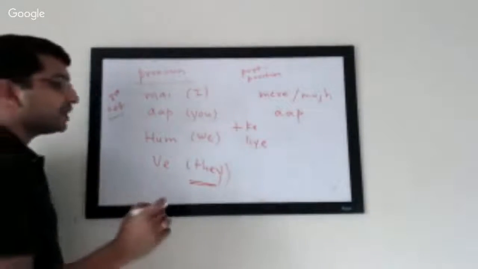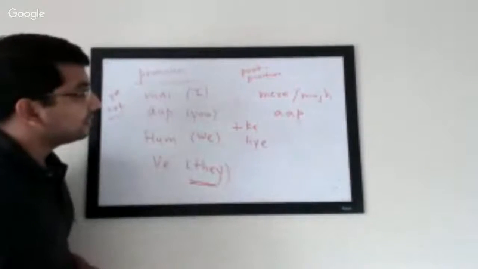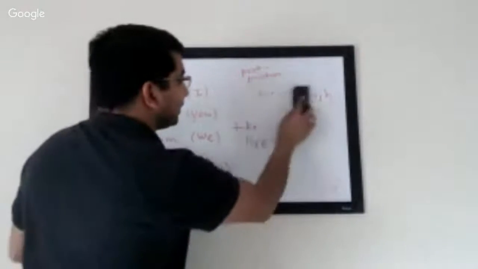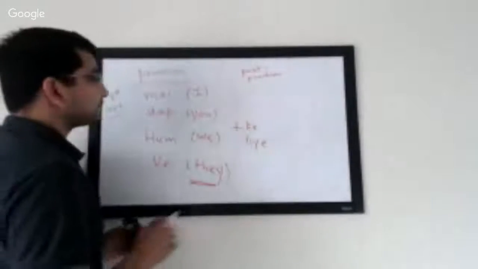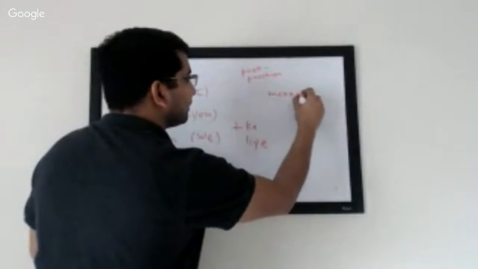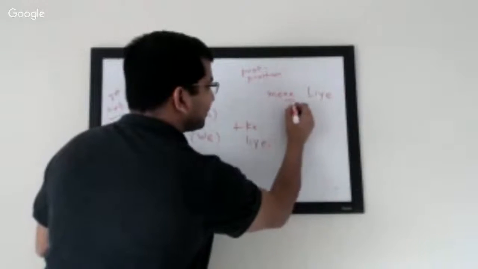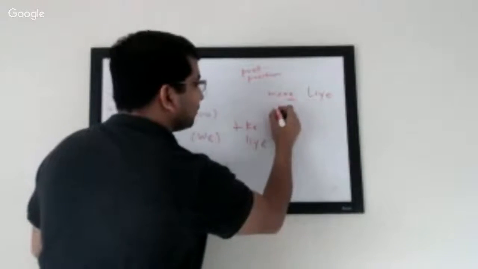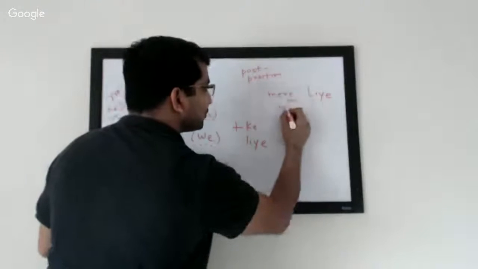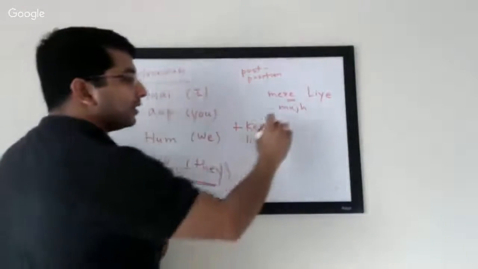Okay, so even though you say हमारे लिए, let me just clarify this one more time. Even though I say मेरे लिए, pretty much you have the के coming here, right? But the oblique case is मुझ, मुझ, okay?